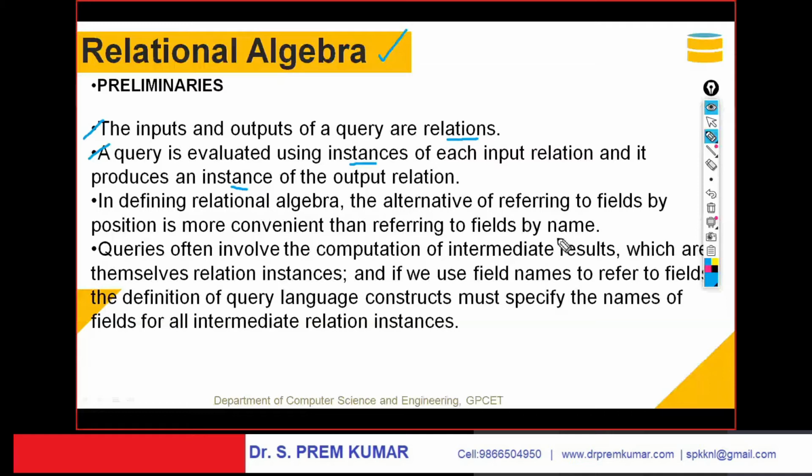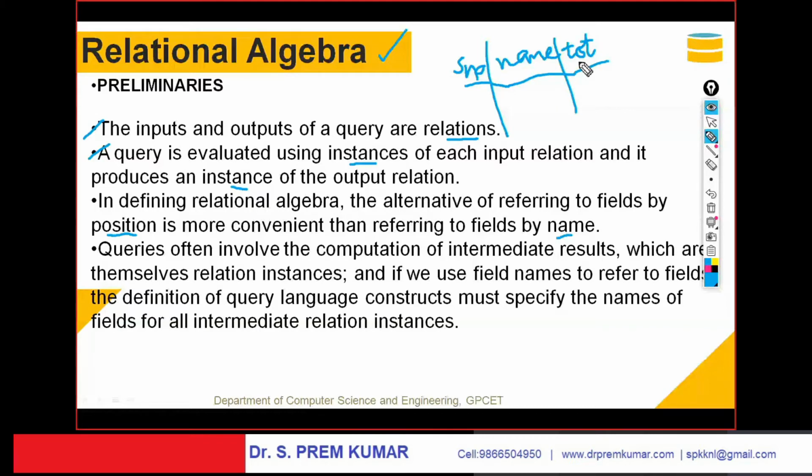If a table has a first field, second field, third field, for example student number, name and total, these are fields. Student number is a field name, name is a field name, total is a field name.